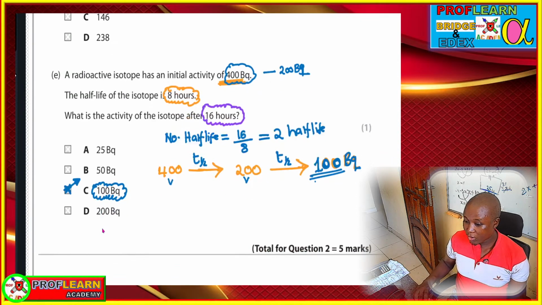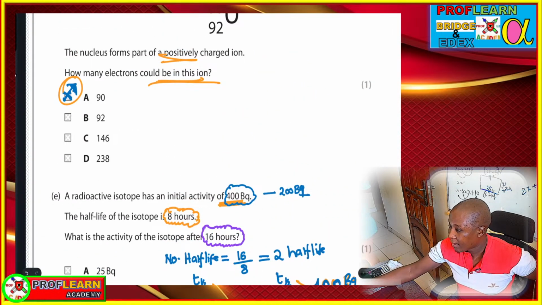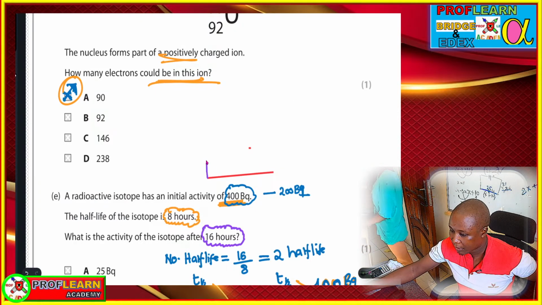So another way questions will be asked in this section in your coming May-June exam is that if you are having a graph, maybe they are going to test you on a graph pattern, because we have to ensure that you have prepared for everything.